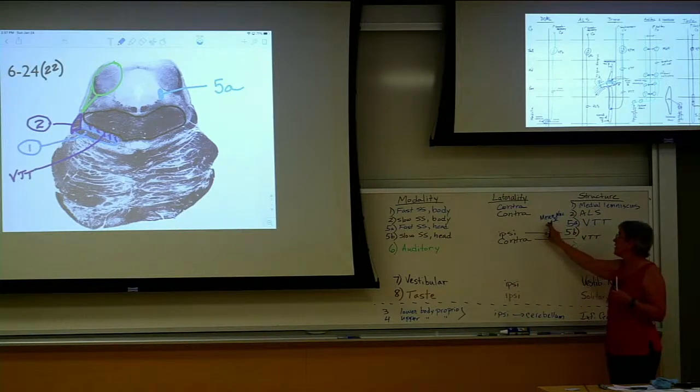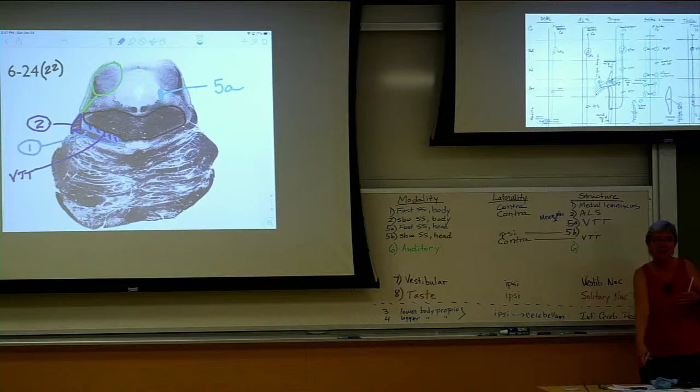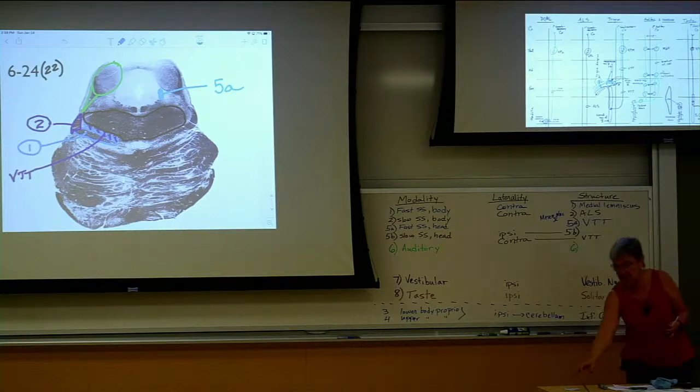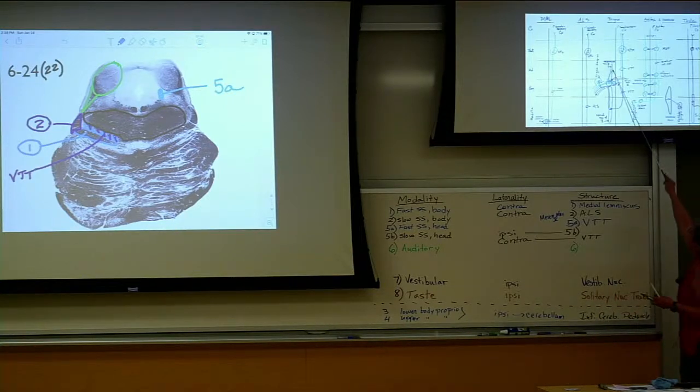These are the cell bodies of primary sensory afferents, which are going to send their axons back down to the principal nucleus of 5 to make their first synapse, and then this higher order neuron sends its axon across and up through VTT.